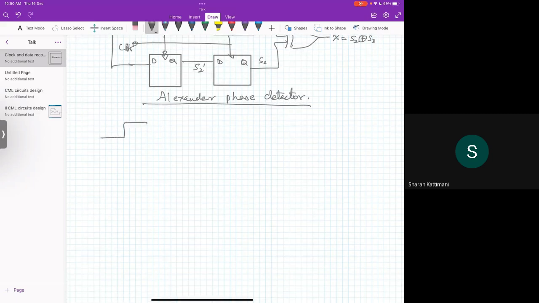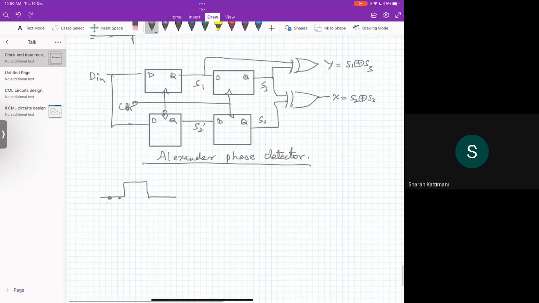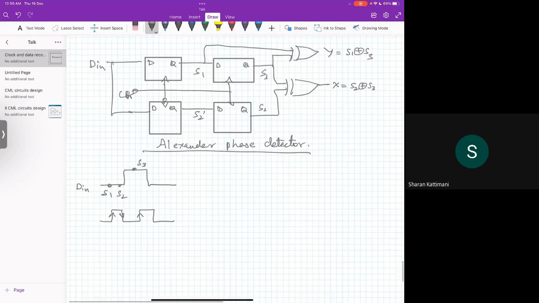So here, if S1 is here and S2 is here, and S3, it is like we are sampling 3 times for the same data, and we are looking into the data to see where actually it is with respect to the clock. So let's assume this is the data. You are sampling at this edge, and this edge. So 3 times you are sampling the data, and trying to find out where actually it is.